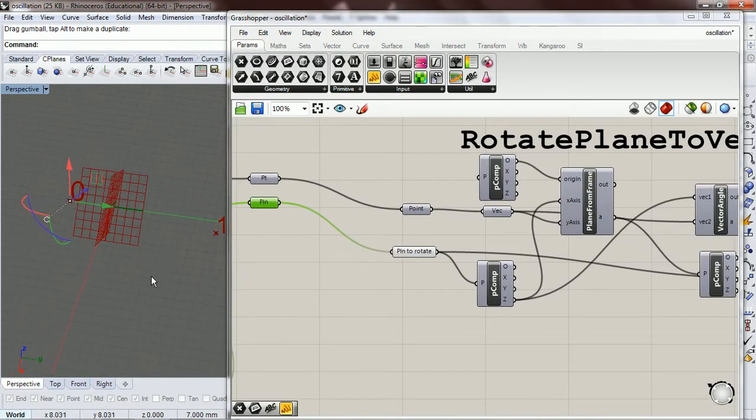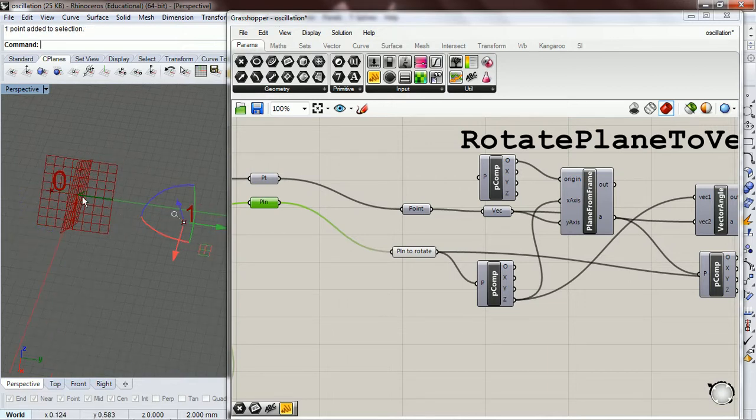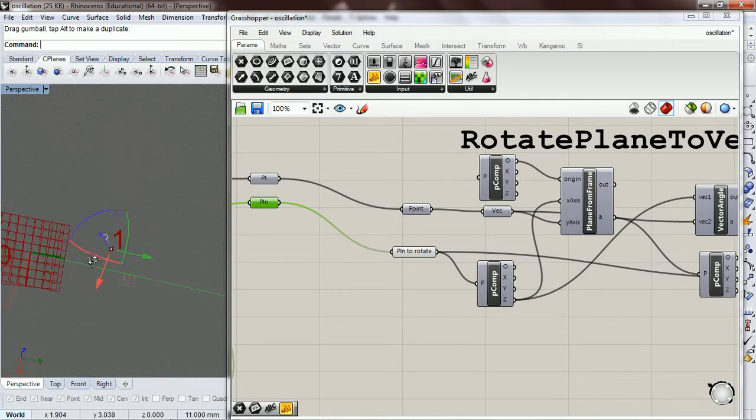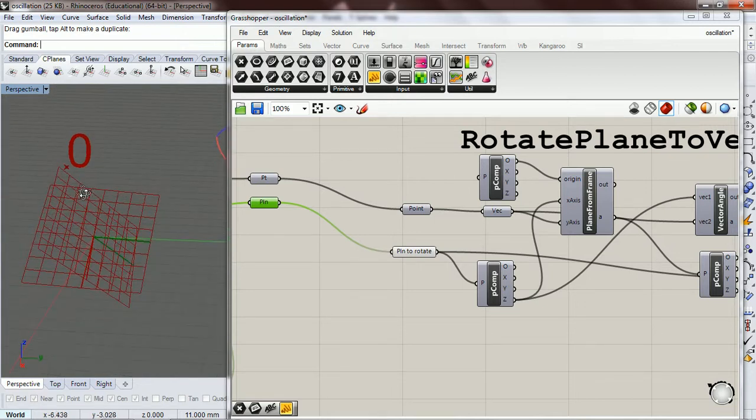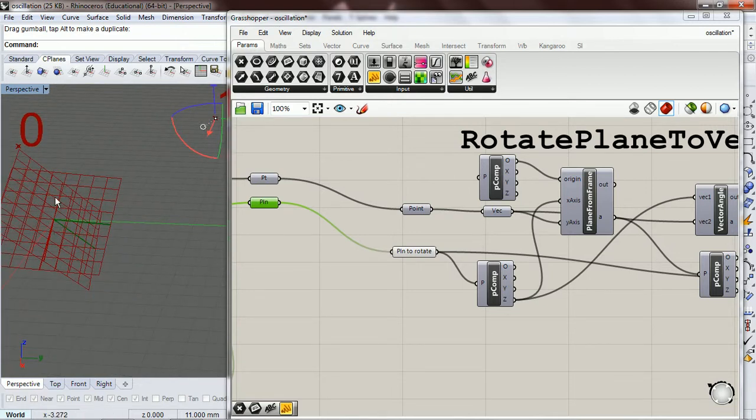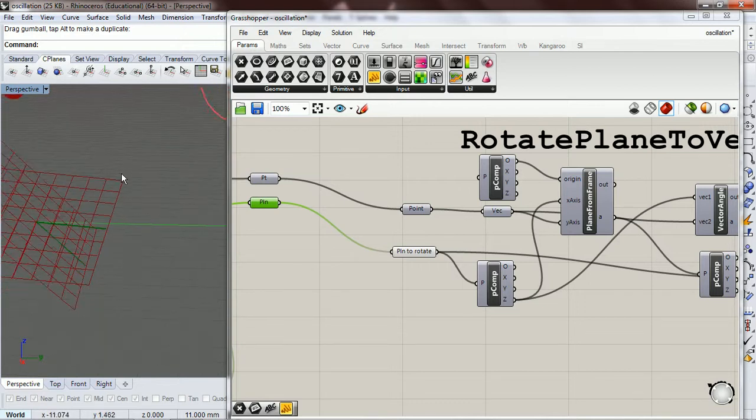And we want to rotate it so the normal, we want to give it a new vector and have that vector be its normal. And also we want to rotate it straight across.